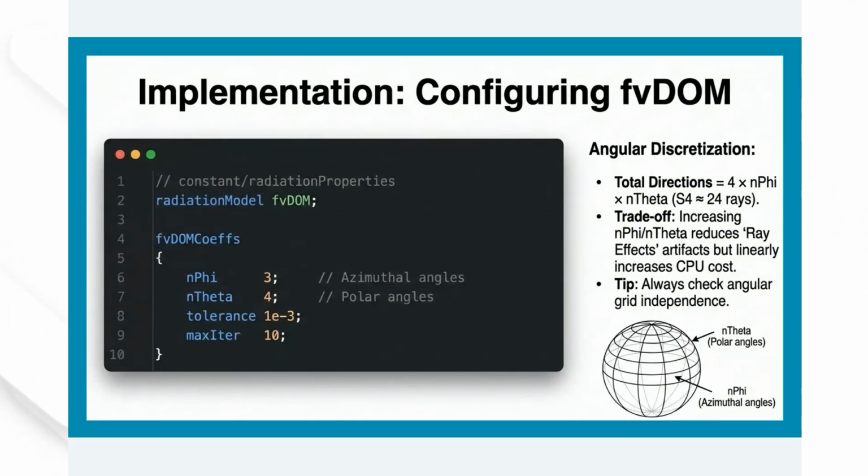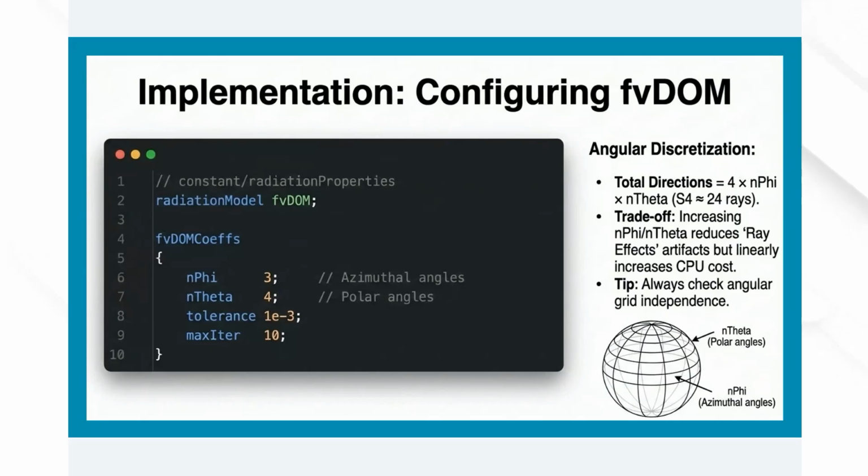Increasing these numbers gives a sharper thermal picture, but every single slice is going to add extra cost. So the formula here, 4 times nPhi times nTheta, is how you will understand the total directions. Each direction requires solving a new transport equation here, and the more directions you add, the more computational complexity and computational time you will include on top of it.